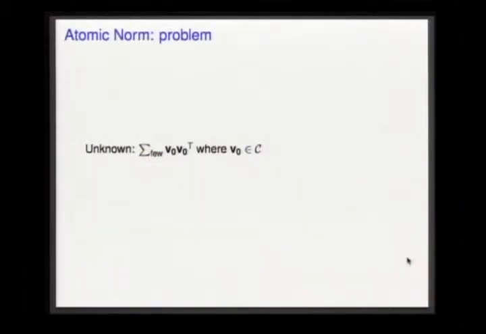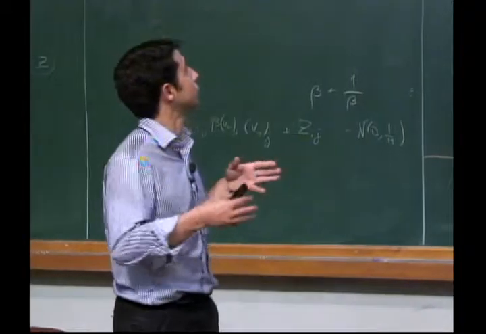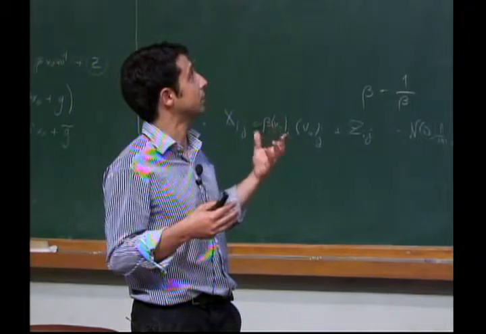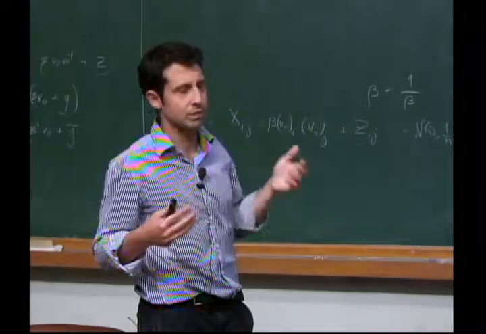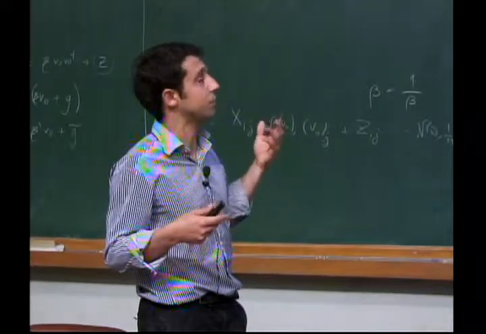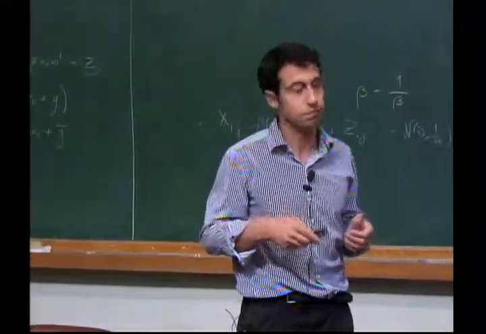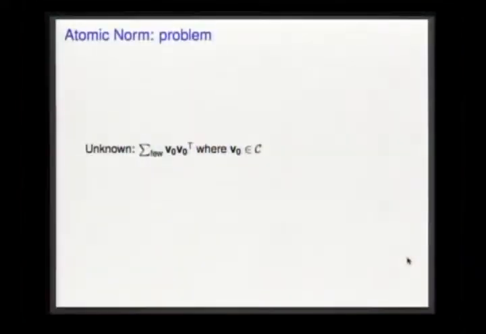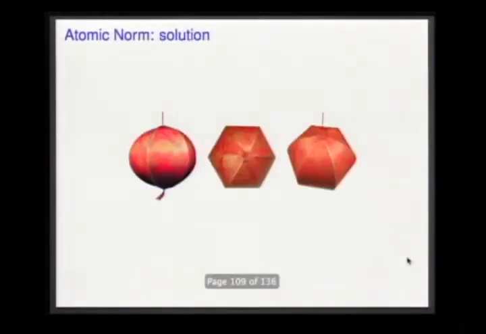It means that, for instance, if V0, V1 until VR denote the signal, we want to write the unknown as a linear combination of V0 V0 transpose, or this type of elements, with some specific structure on V that we denote by a cone constraint.